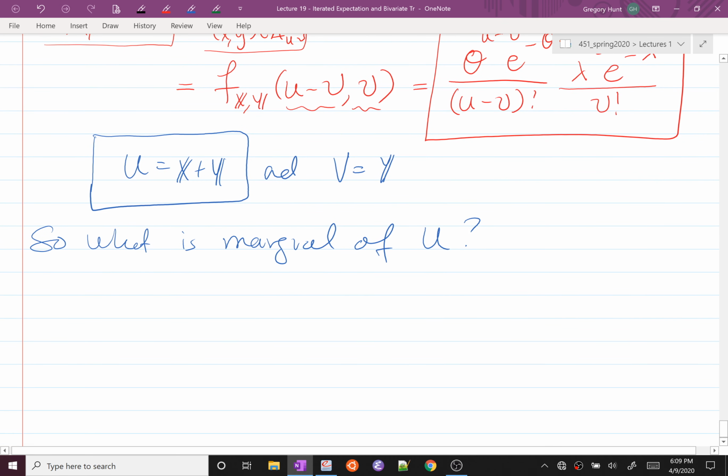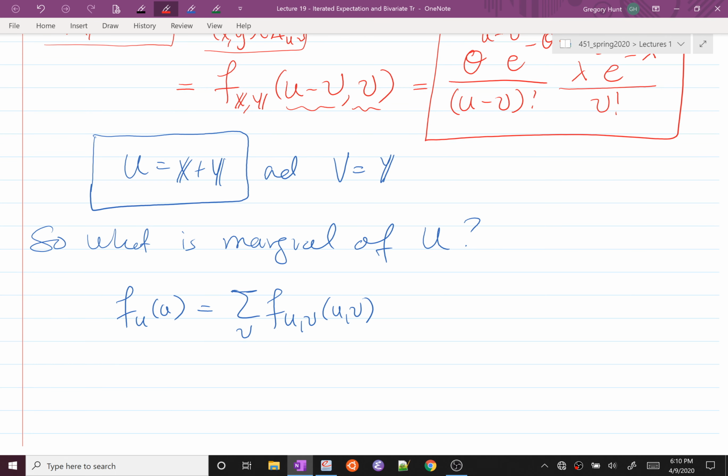So the marginal of u, f sub u of u, is what? We marginalize out v. So we take the joint and we sum over the possible values of v. In this case, what are our possible values of v? V is y and u is x plus y, so v can never be bigger than u.